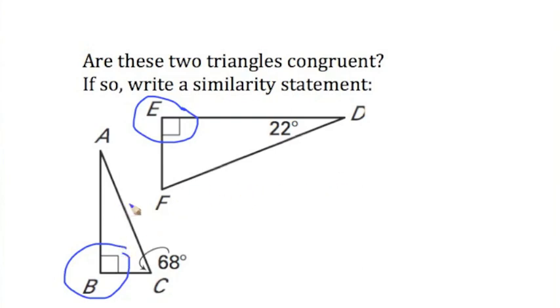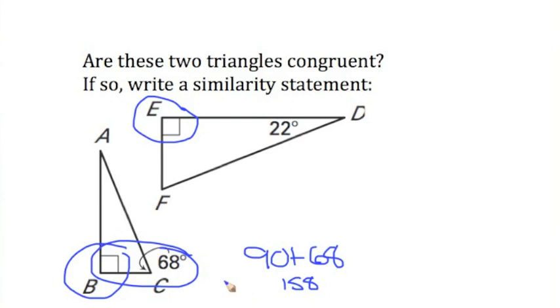All of the angles in a triangle add up to 180 degrees. So if B is 90, and C is 68, that gives us 158. Now if you remember, there are 180 degrees inside of a triangle, so 158 degrees are accounted for. So if we take 180 degrees and subtract the 158 degrees, you'll get 22 degrees left over.